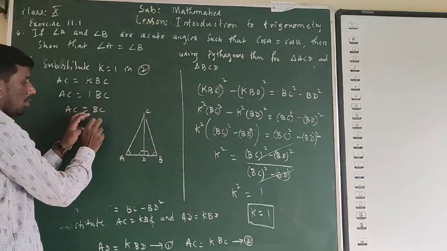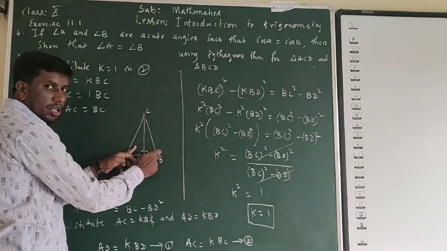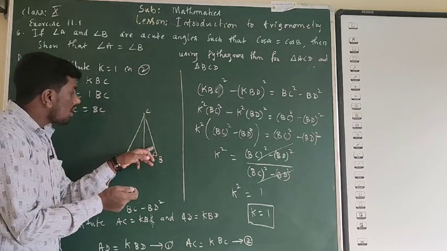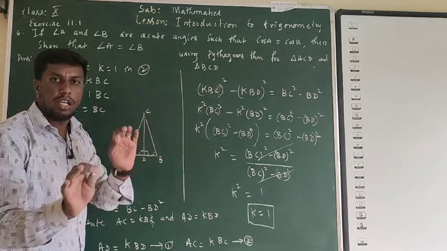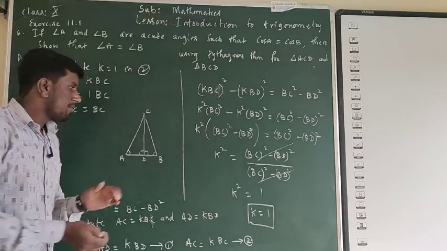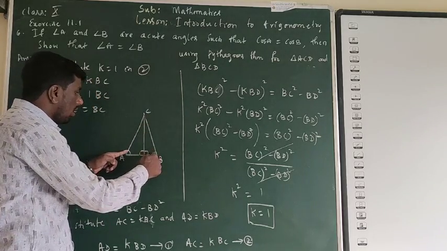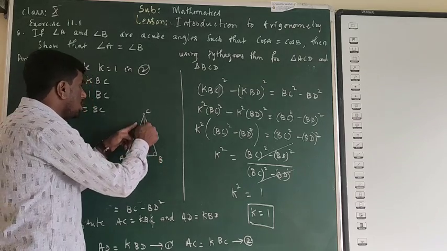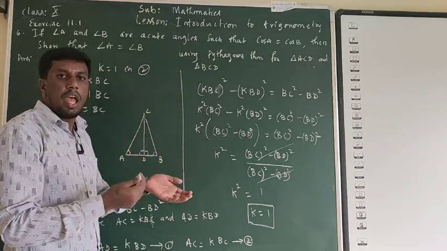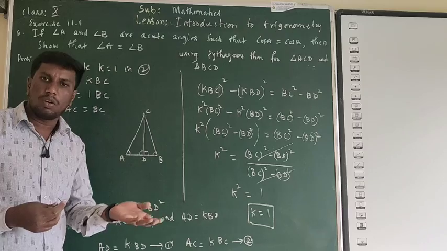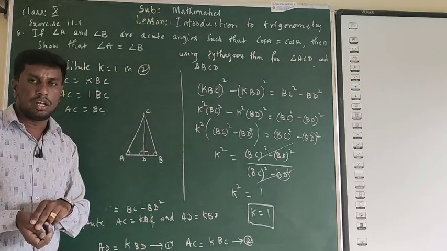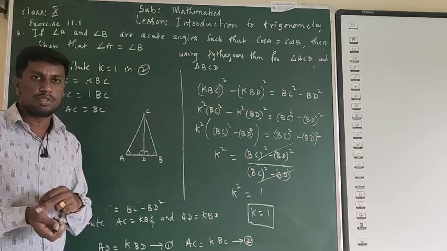That means these two sides are equal, so these two angles are equal. Why? Angles opposite to equal sides are equal. We have studied the theorem, right? If these two sides are equal, then these two angles are equal. If these two angles are equal, then these two sides are equal. Angles opposite to equal sides are equal. Sides opposite to equal angles are equal. We have studied two different theorems.